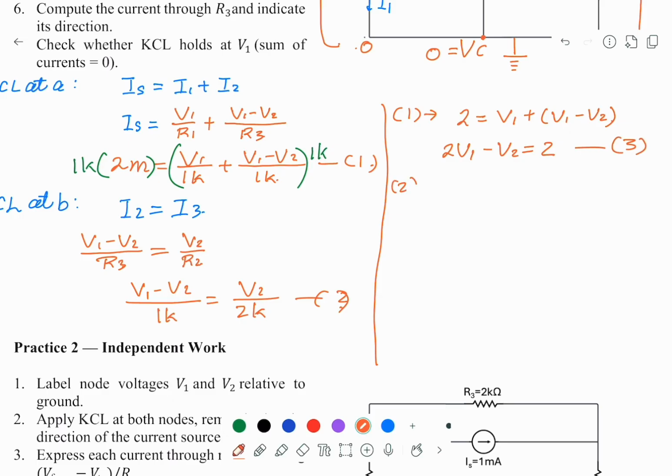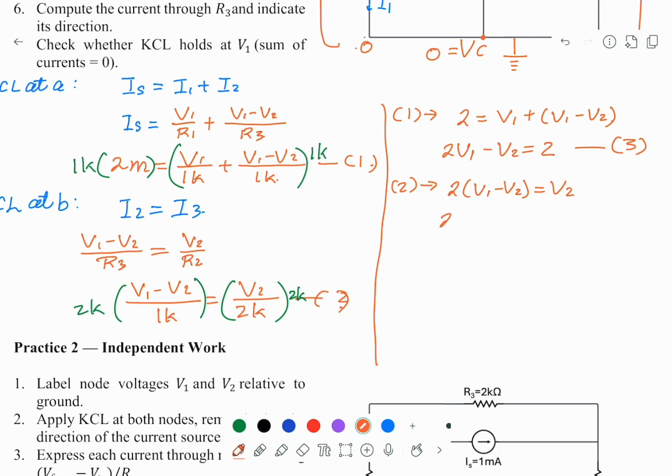From 2, this time I multiply both sides by 2K, and you will get 2 times V1 minus V2 equals V2.